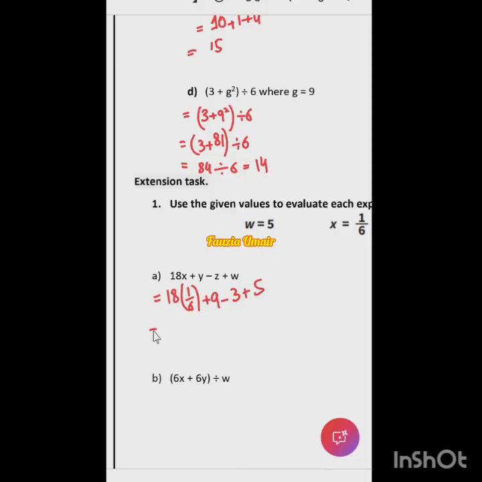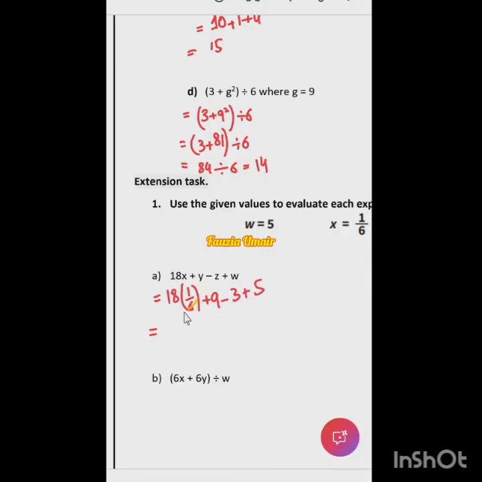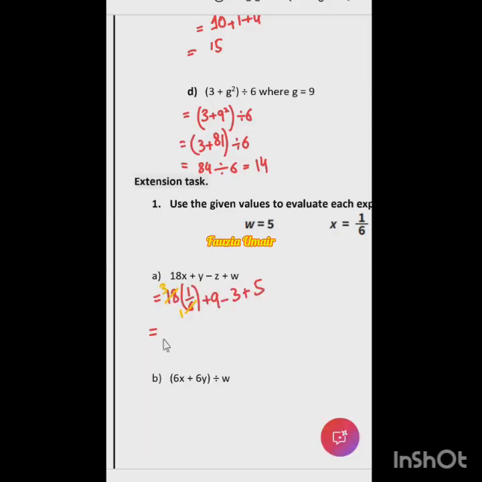Now how can we solve this? There is a multiplication sign, and this is the numerator and this is the denominator. So can we cancel them? Yes, ma'am. 6 ones are 6 and 6 threes are 18. So what will come from this? 3 ones are 3, and in the denominator there is 1. We don't write 1. Plus 9 minus 3 plus 5.